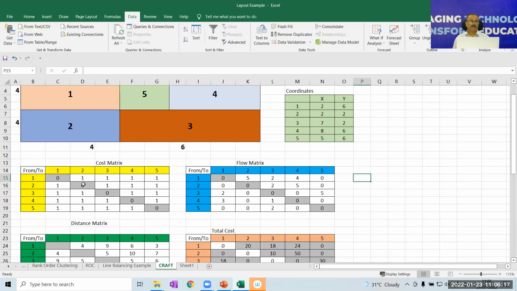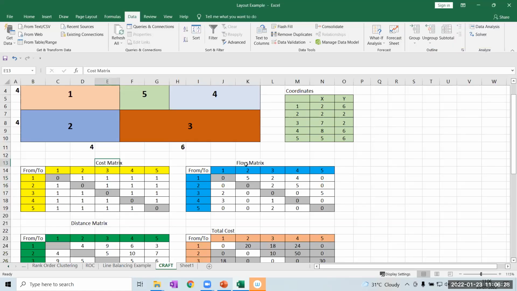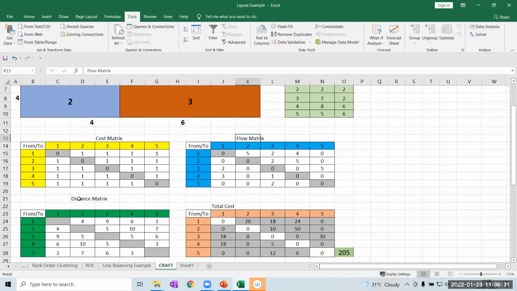If you are able to come up with the cost, you may utilize those cost values in these particular cells. So we have a cost matrix, a flow matrix, and then we also need a distance matrix. Based on this, we can calculate the total cost. The total cost will be the summation of cost multiplied by flow multiplied by the distance.